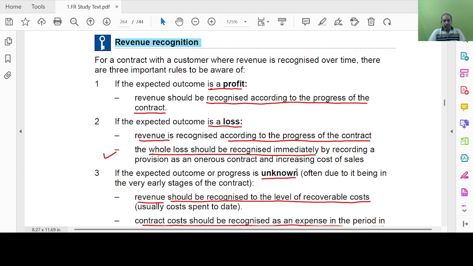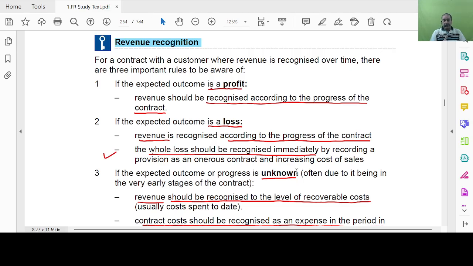Second, if the expected outcome is a loss, revenue is recognized according to the progress of the contract. There is no change in that. How much revenue to show in the current year depends upon the percentage of work completed.